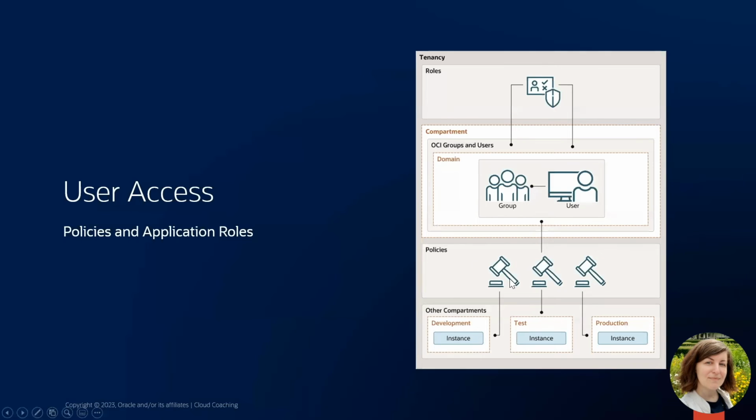With policies, you define what these groups of users are allowed to access, which resources they are allowed to access in Oracle Cloud in different compartments or tenancy level. With OIC in particular, we use also application roles to control access for the groups of users to the various capabilities of OIC.